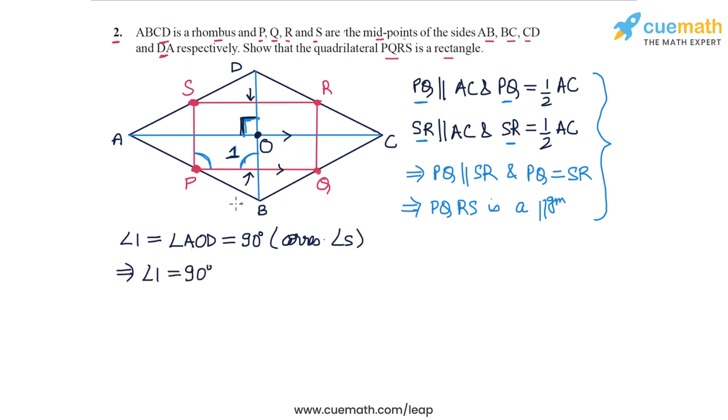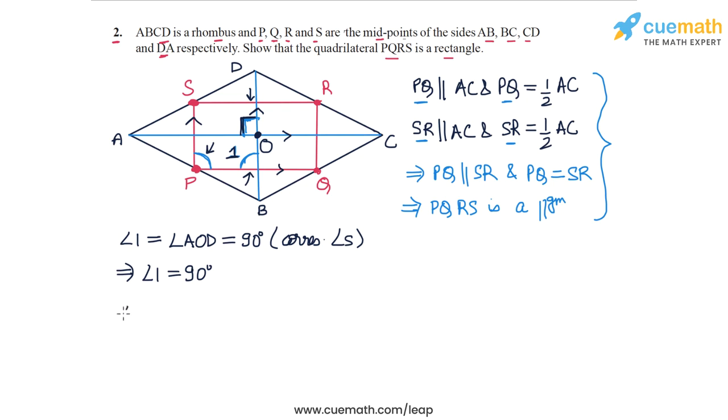Now if angle 1 is 90 degrees, what do you think is the angle at P? Angle P and angle 1 form a pair of co-interior angles, because SP is also parallel to BD; if we apply the midpoint theorem in triangle ABD, then PS and BD will be parallel.